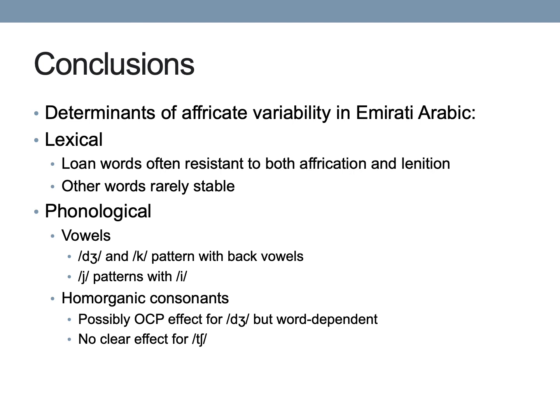This may be a sign of a change in the nature of these processes or a particular characteristic of Emirati Arabic. Furthermore, we did not find evidence for an effect of the obligatory contour principle in affrication, and the effect for lenition was strongly mediated by word identity.